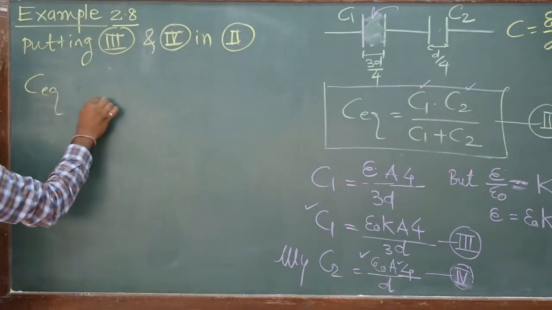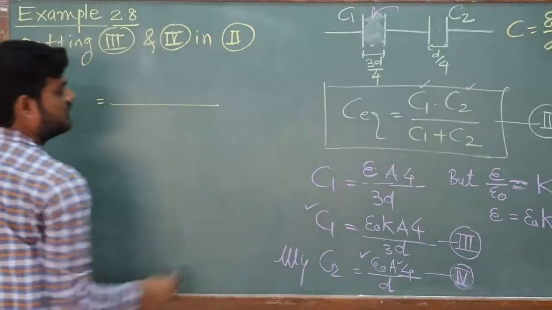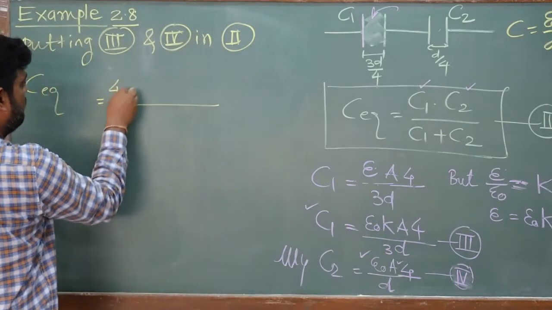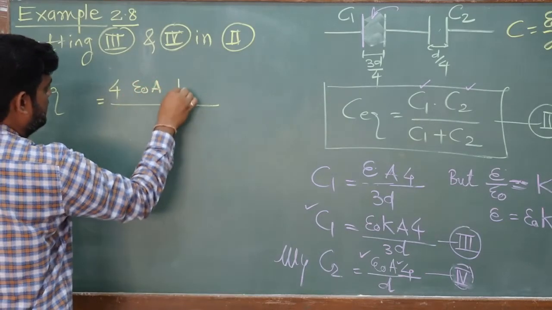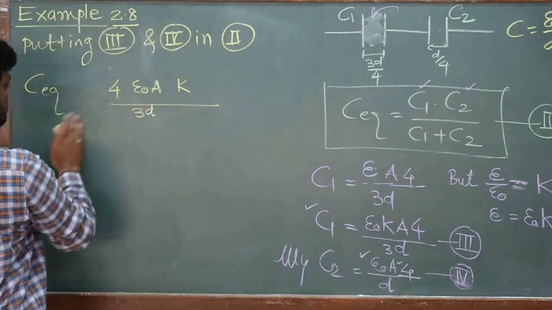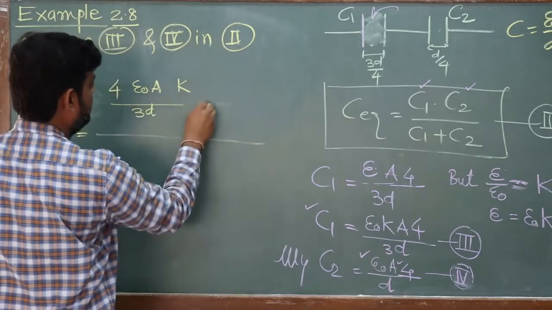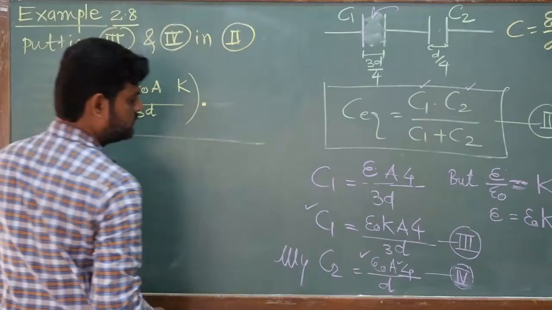C equivalent equal to the value of C1. The C1 equal to, we will write epsilon 0, suppose we write 4, right? Epsilon 0 A K divided by 3D, into what is C2?